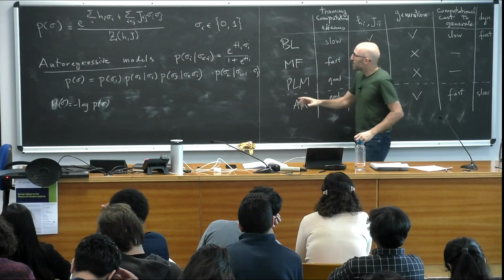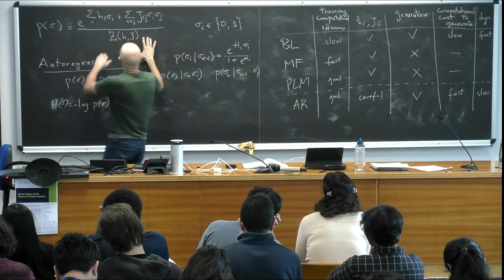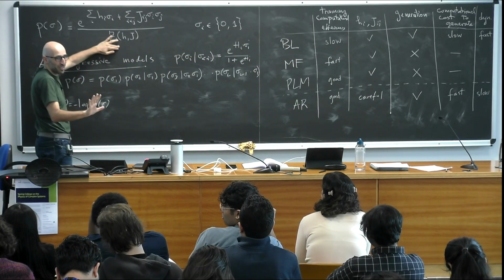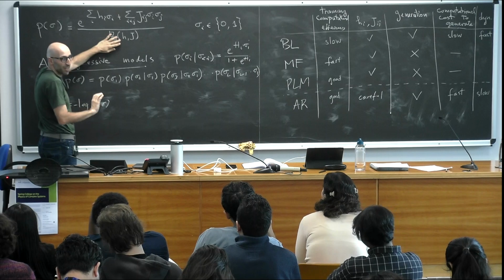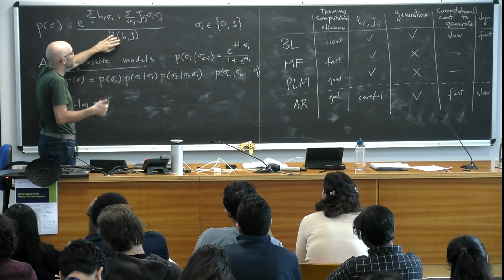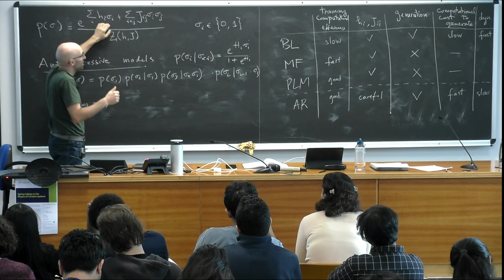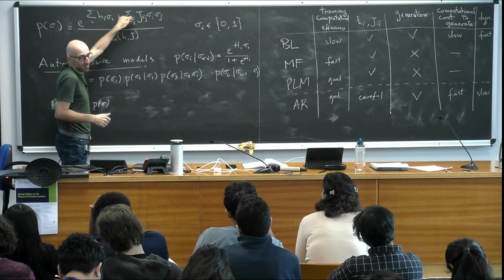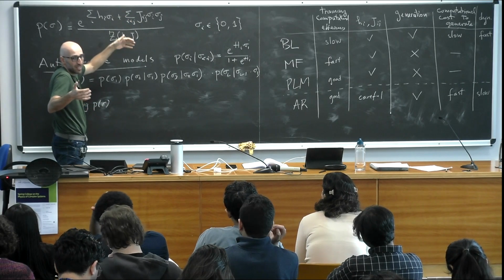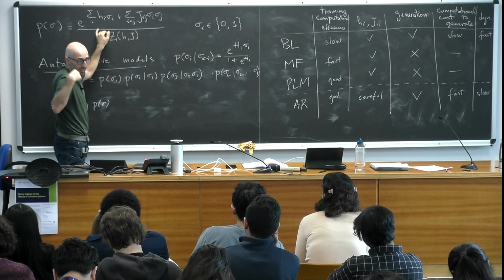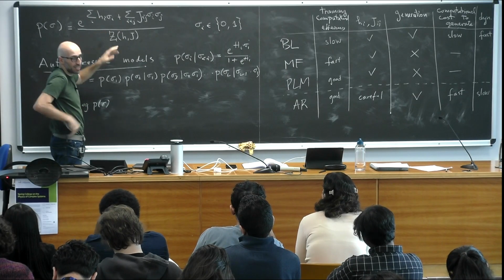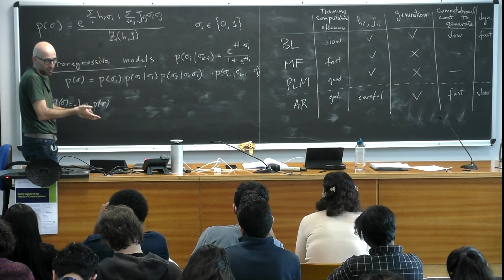Here it's easy, because the partition function is fixed, it is a constant. So if I want to know the variation of the probability, this depends only on the numerator. And if I change one spin, I have to change L terms here. So it takes order L time to compute the change in probability. And then I can accept or not with the Metropolis weight.